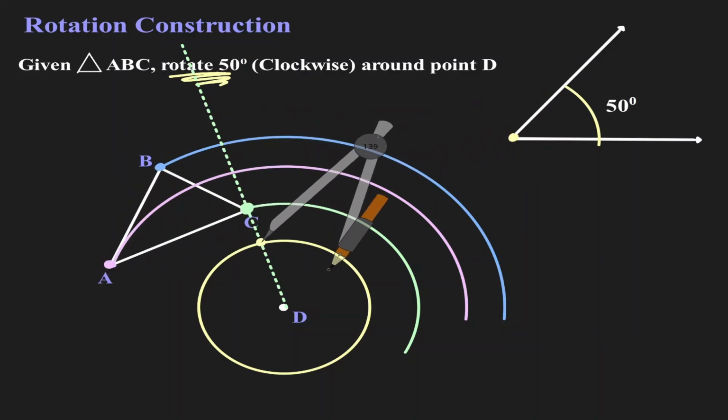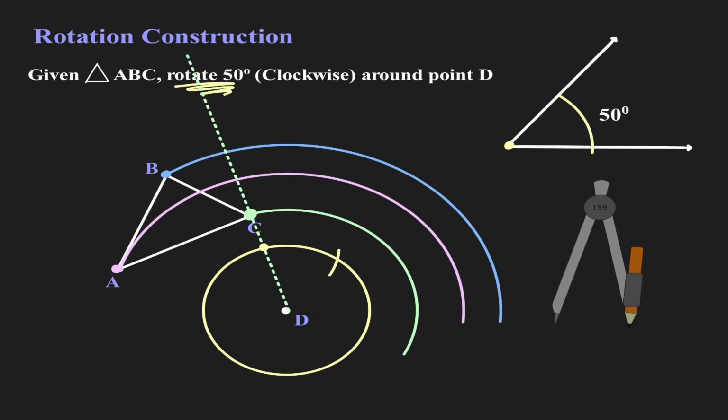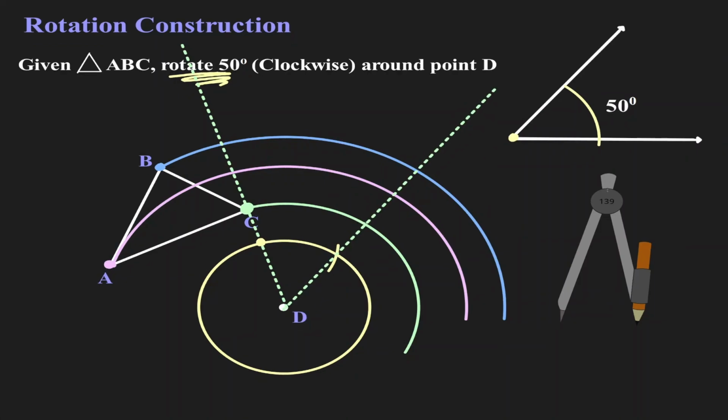And I'm going to use the distance to find where it intersects our circle. Now that we have found that intersection, let's create a line that passes through the center of rotation and the mark that we have just created. And at the location where my second line meets the path of rotation, this is where we can find the image, C prime.